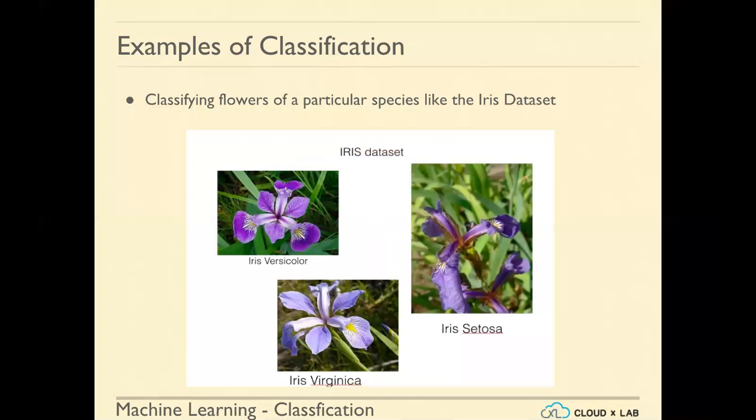Similarly, classifying flowers of a particular species is also a classification problem. This is called the iris dataset. Iris dataset is also a public dataset in which you have the images and the sizes of the stems and various other properties of the flowers, and we need to identify which flower it is.